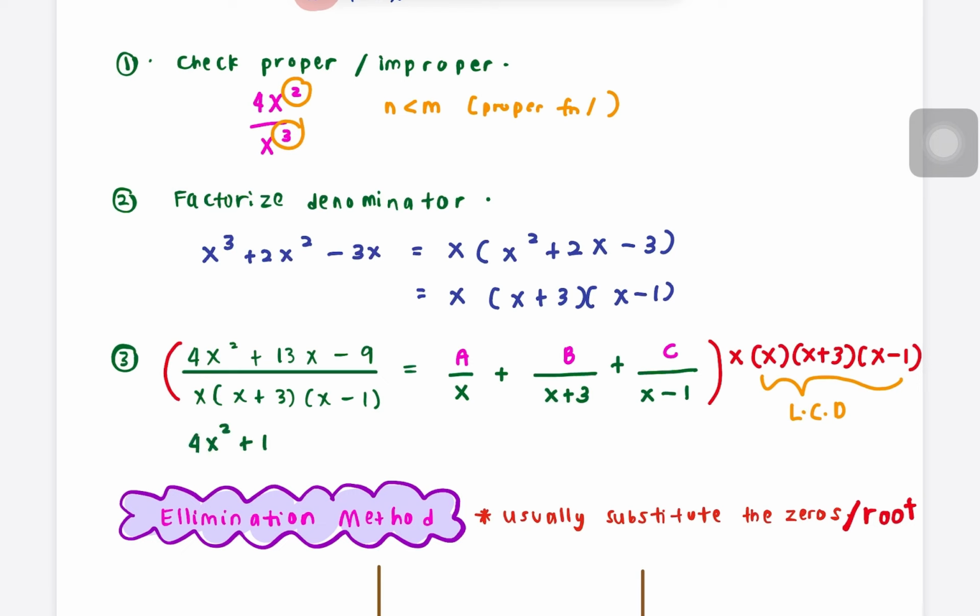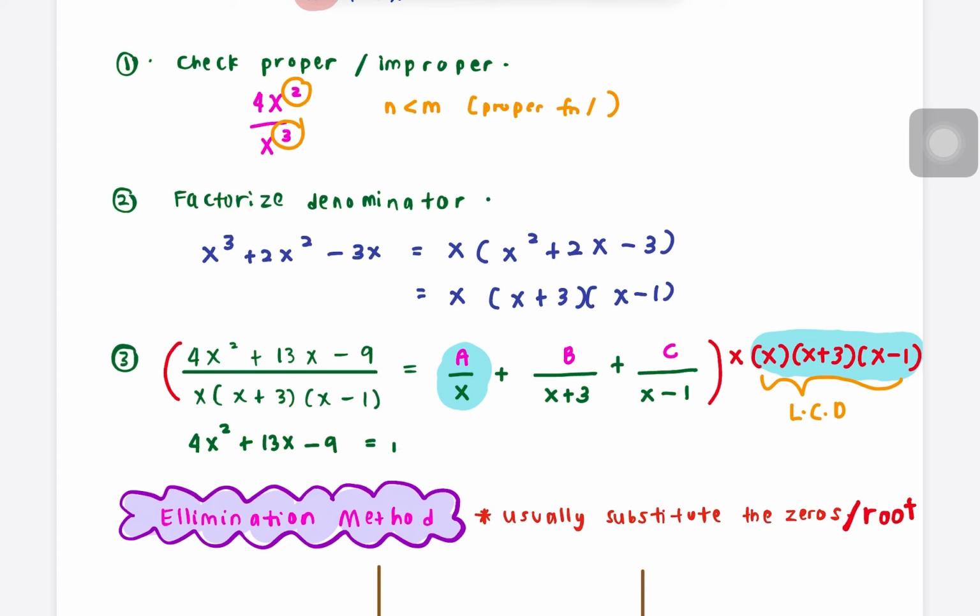And then you have to multiply A over x with this LCD. So x can be cancelled out, leaving only the 2 factors. So your answer here will be A times x plus 3 and x minus 1.